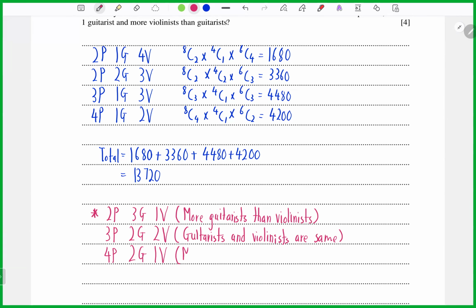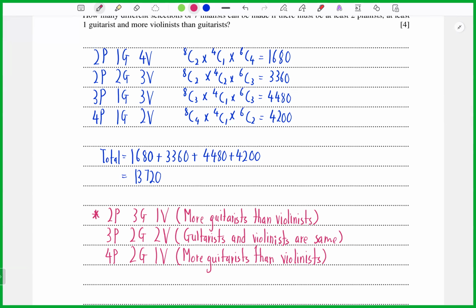Also the same reason: more guitarists than violinists. So you need to be careful to take out the combinations here.